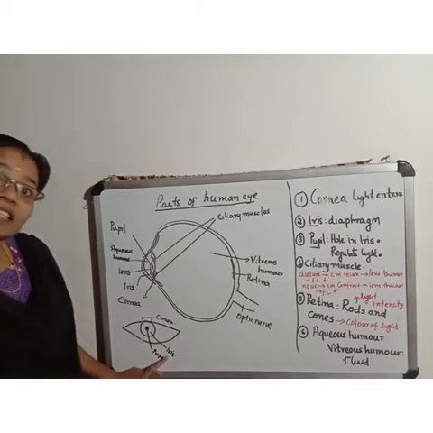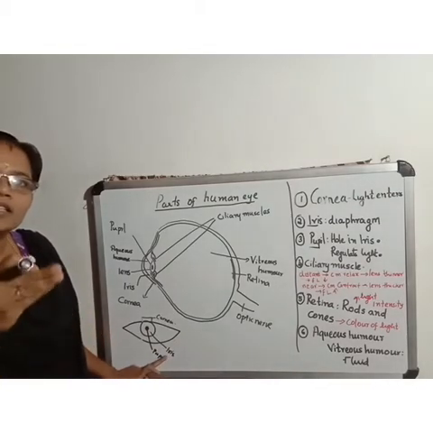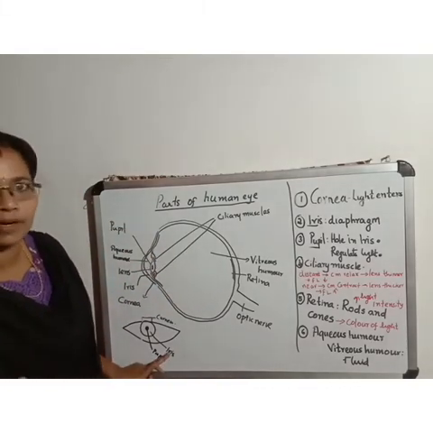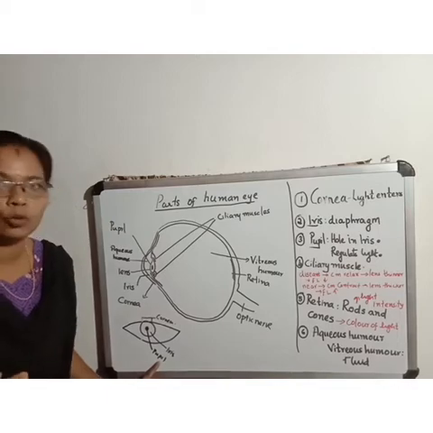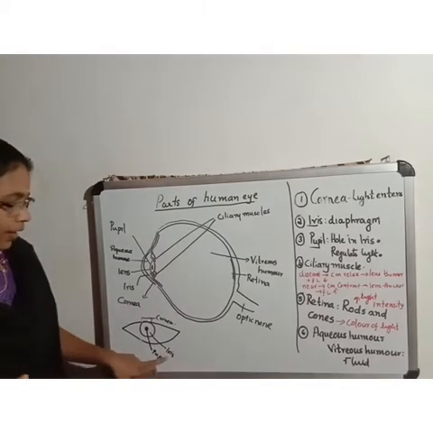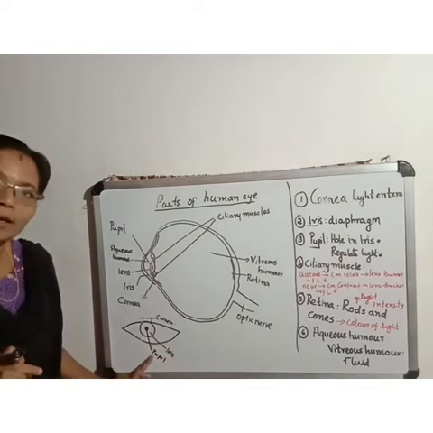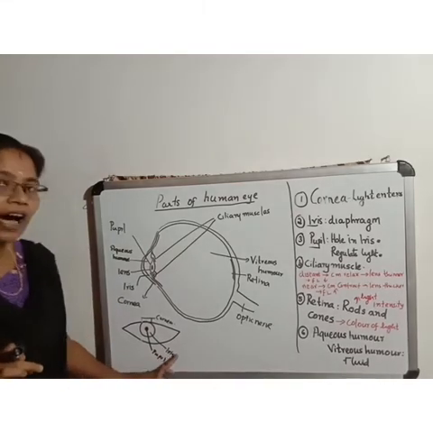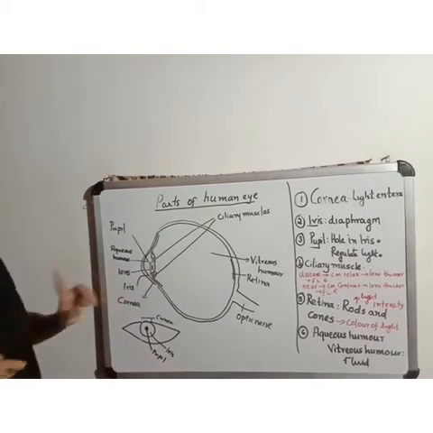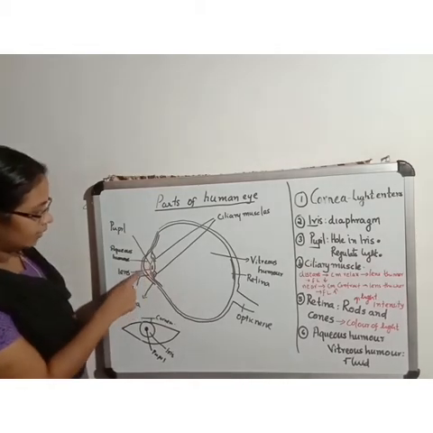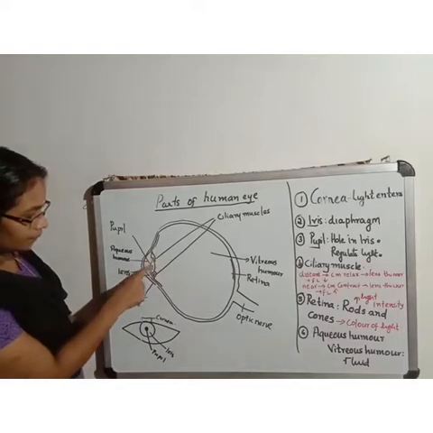Inside the iris you can see another part. In Malayalam we say it as Krishnamani. That is the pupil. So the hole inside the iris is the pupil. Here you can see the iris and the pupil in this part.